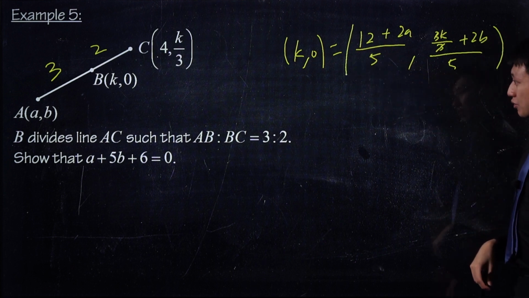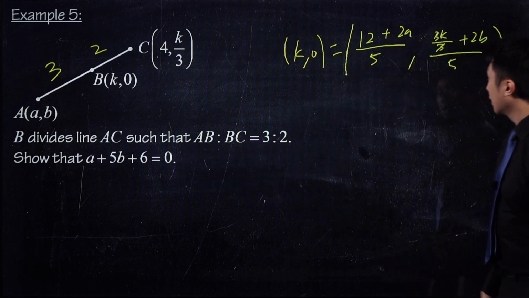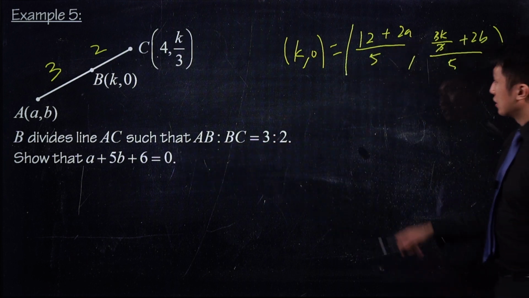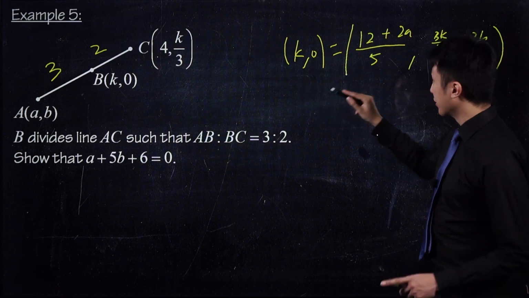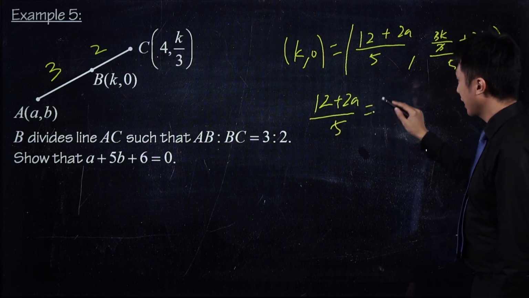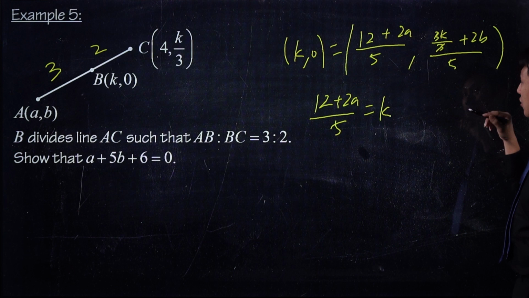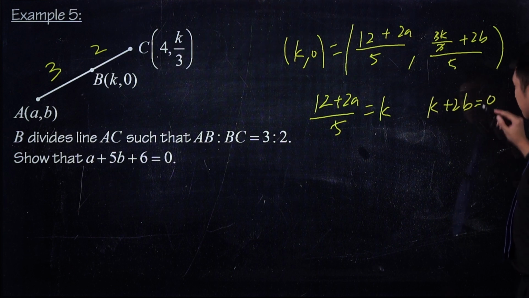So you want to look for the things that will give you this. What do you need? So I try to do this. 12 plus 2A divided by 5 is equal to K, and here 0, so K plus 2B is equal to 0.